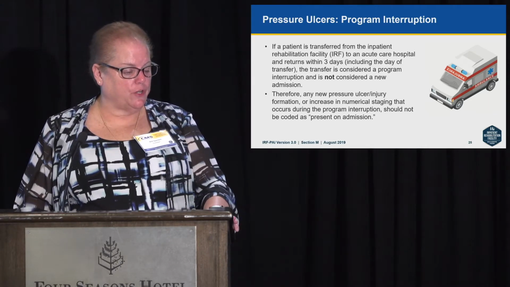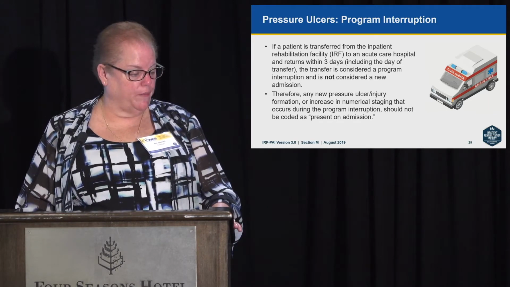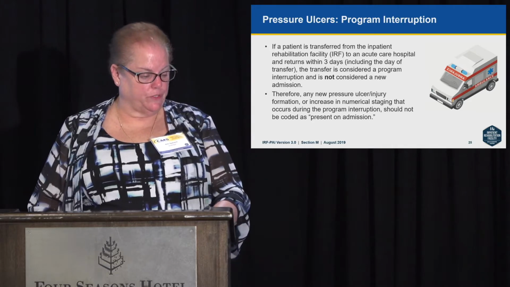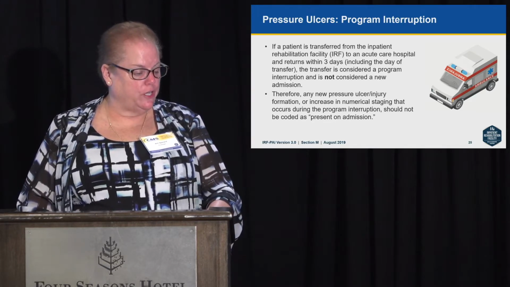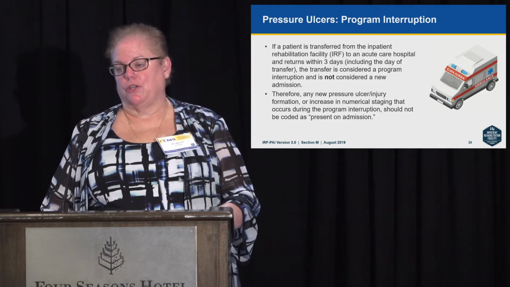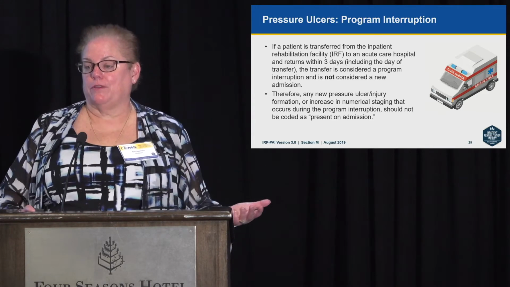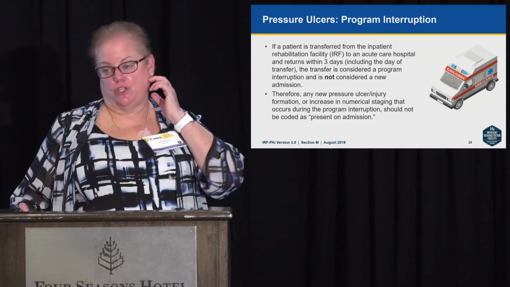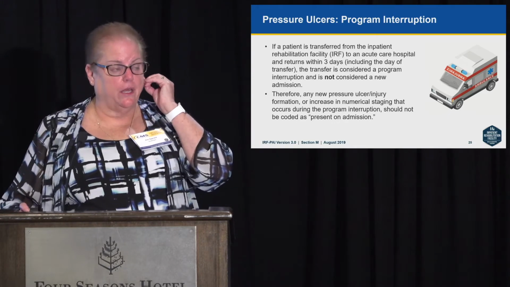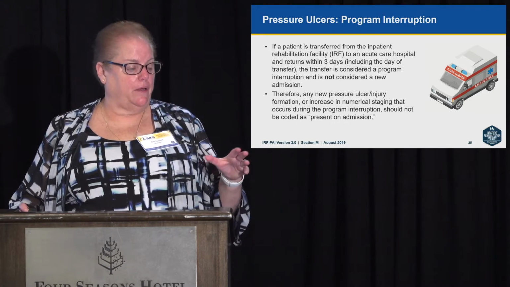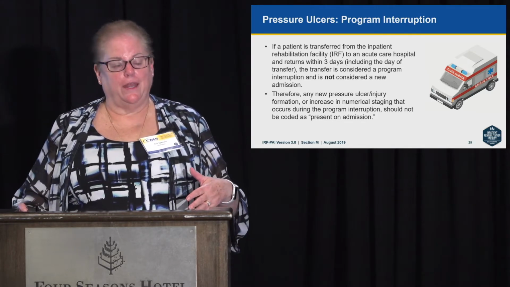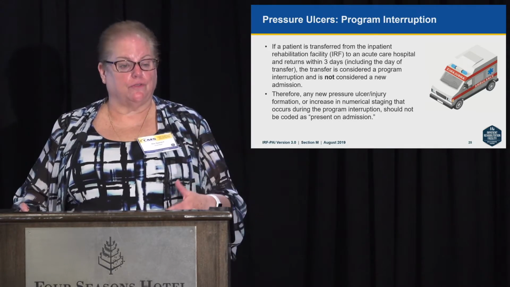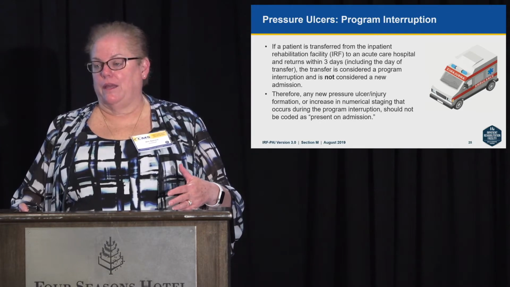Therefore, any new pressure ulcer or injury formation or increase in numerical staging that occurs during the program interruption should not be coded as present upon admission. So if you send someone out, let's talk about the right hip, so you send someone out with a stage 2 to the acute care setting, they come back within the 3 days, including that day of transfer, and now they have a stage 3 in that.